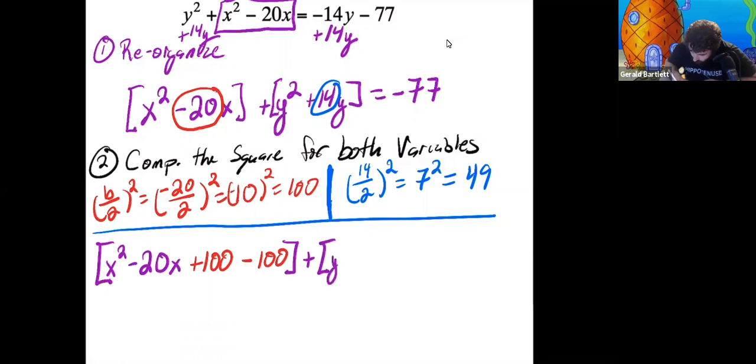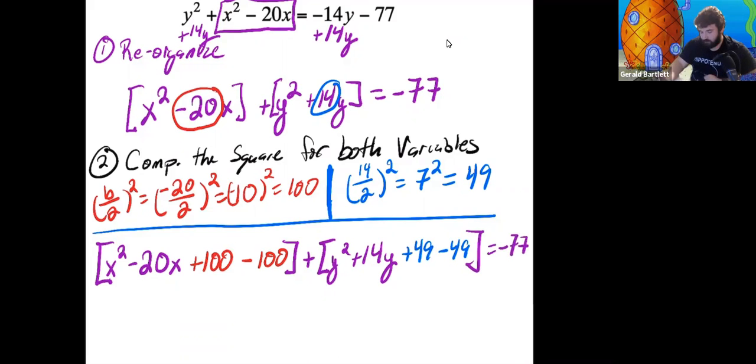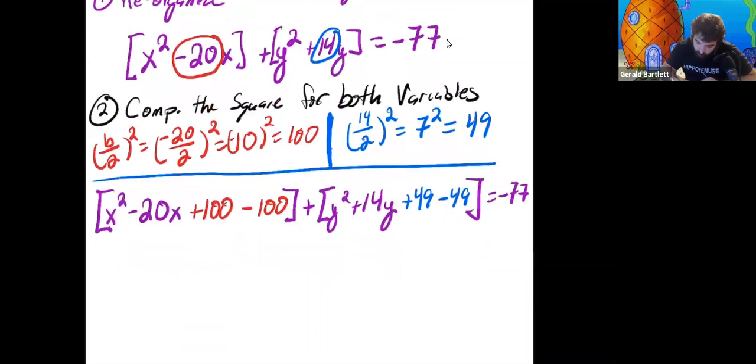Plus y squared plus 14y, that's just coming along from what we had, plus 49 minus 49 equals negative 77. So everything's got its rewritten form. You found both b's on this, and then we finish this off.